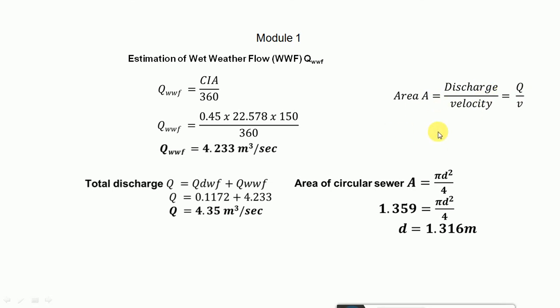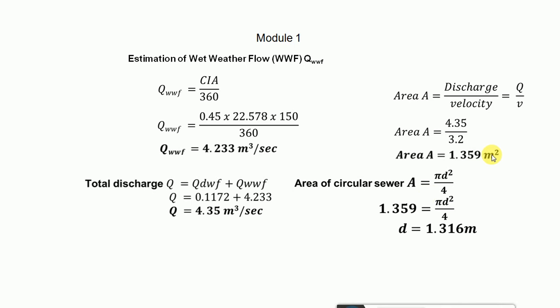If you want to obtain the area, then we divide the discharge by the velocity. The combined discharge is 4.35, and the velocity is given in the problem as 3.2 meter per second. Then we obtain the area as 1.359 meter square.